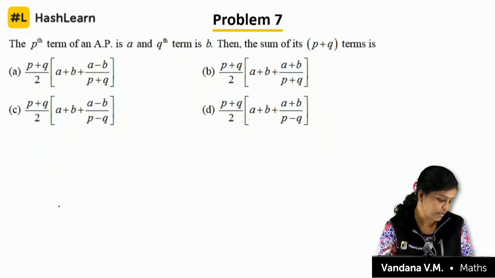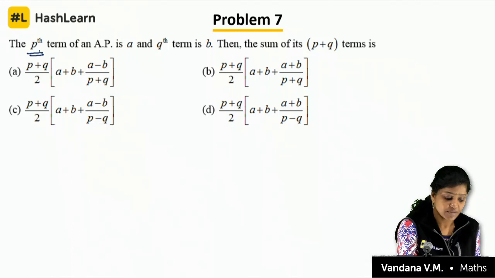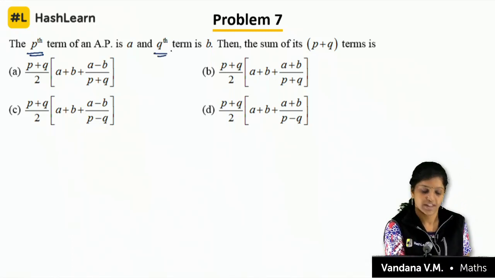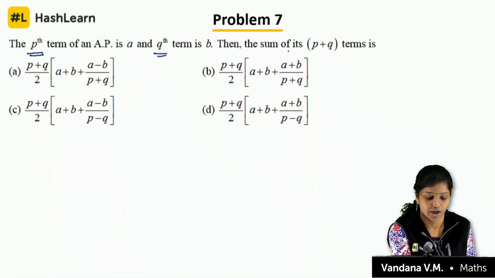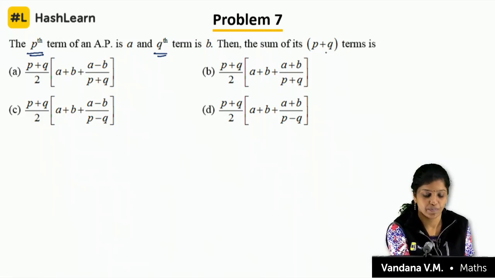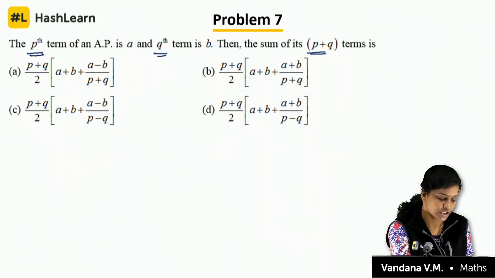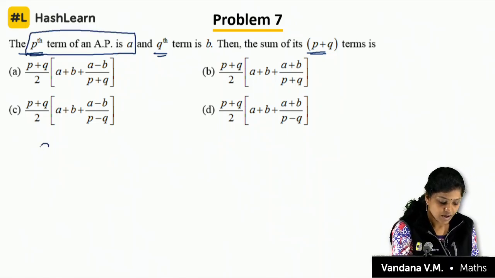This is also a very interesting question. They gave the pth term of the AP as A, and the qth term as B. Now I have to find the sum of the first P plus Q terms. So look here, that is the first statement. How to write it?